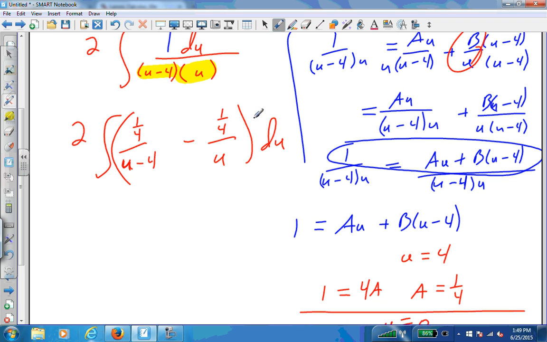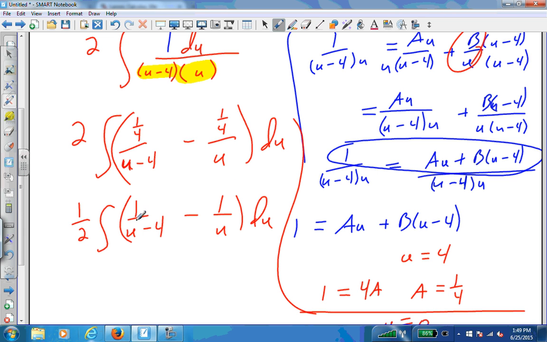So we can pull a 1/4 out front for both of those. So if we bring a 1/4 out front, we already have a 2, so 1/2 the integral of 1 over u minus 4 minus 1 over u du.